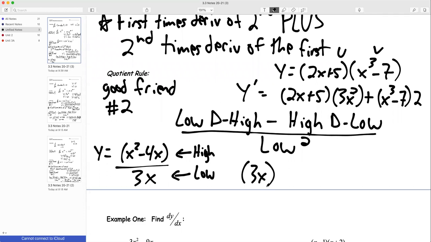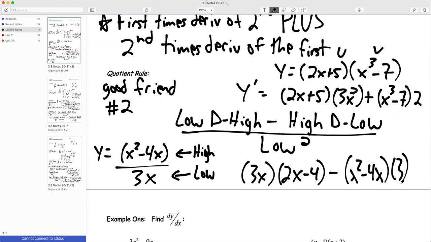Derivative of x squared minus 4x is 2x minus 4, minus high, x squared minus 4x, D low, derivative of 3x is just 3, over low squared. So the 3x is squared. Lo D hi minus hi D lo over lo squared.